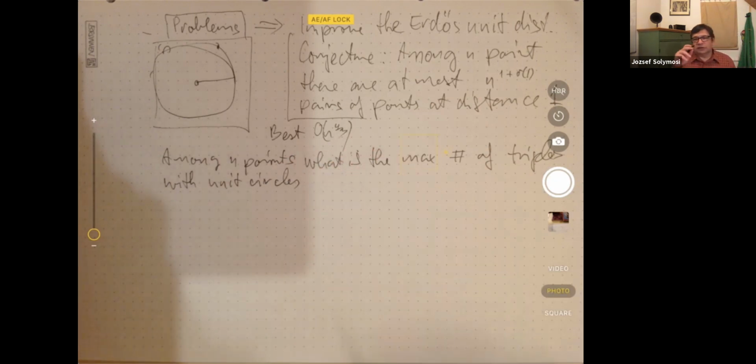And you only count one triple from any unit circle. Or you can say, what is the maximum number of unit circles which have at least 3 points going through. So maybe that had something to do with the question on ordinary lines or points or other things.